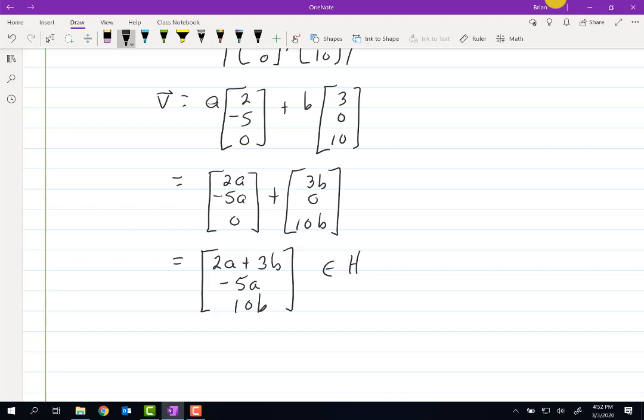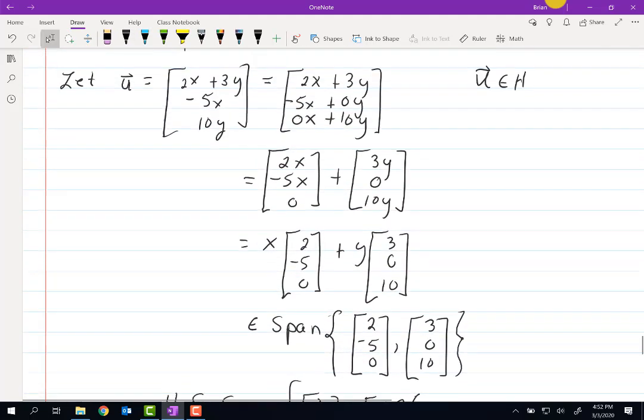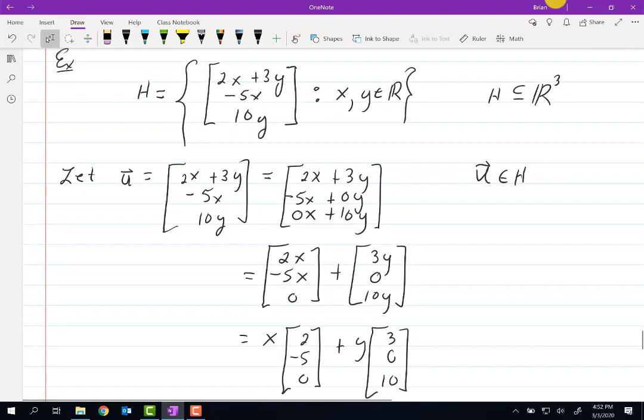Because let me go back. I sort of lost track of what H was. H are all vectors of this format. So mine, I just had an a there and a b there, an a there and a b there. As long as this letter matches this letter and this letter matches this letter, and of course the coefficients are set up, everything's good.